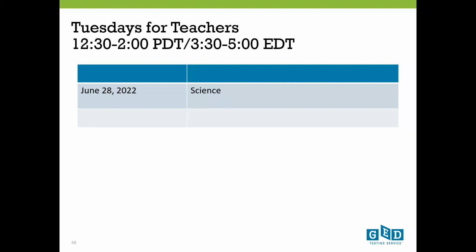How can I get a copy of today's presentation? We will post this at GED.com within 48 hours. All of our webinars are posted, and you go to the listing of things, you go to the Educator and Administrators Pool tab, and then look on the left-hand side. It says Professional Development. Click on there, it'll take you to the webinars, and the last 8 or 10 are posted there.